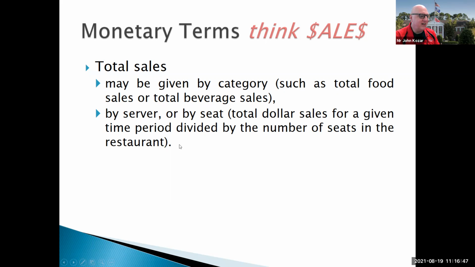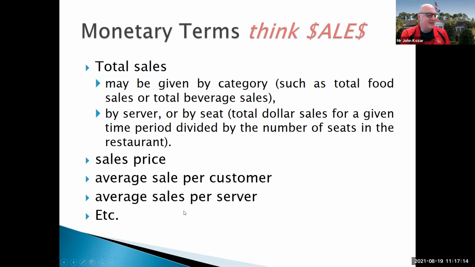It could be that there were some big spenders that the second server was working with and ended up having a higher number of sales. Could be that the first server is less experienced and can't handle as many seats, so their sales are going to be lower.